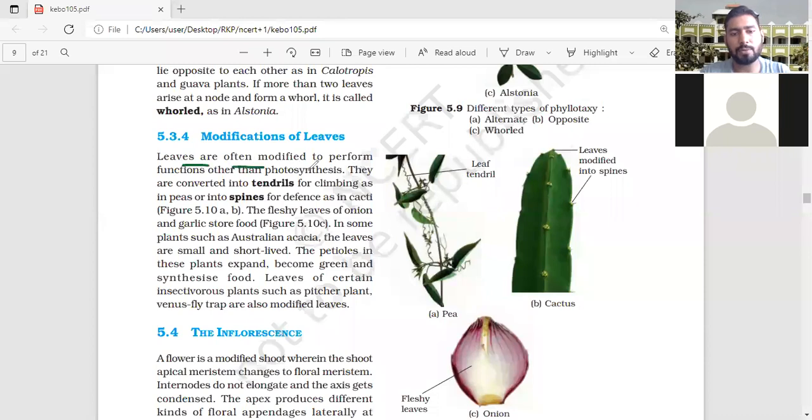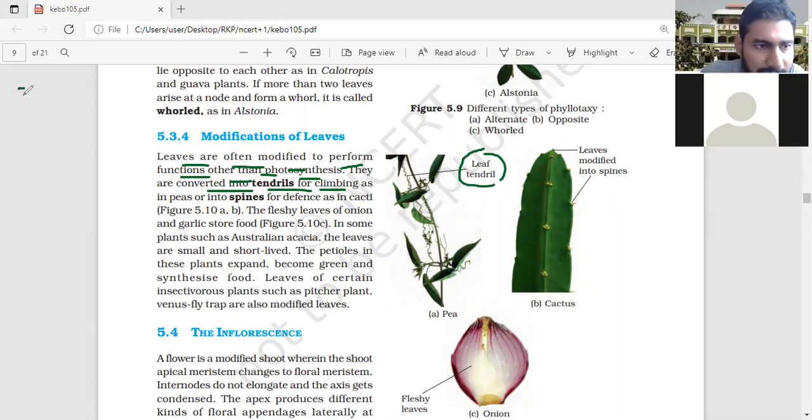Leaves are often modified to perform functions other than photosynthesis. The basic function of leaf is transport of mineral nutrients and photosynthesis, because it is the site where they have the chlorophyll pigment. They are converted into tendrils, that is called leaf tendrils. This is called the leaf tendril. Stem tendril I taught already.